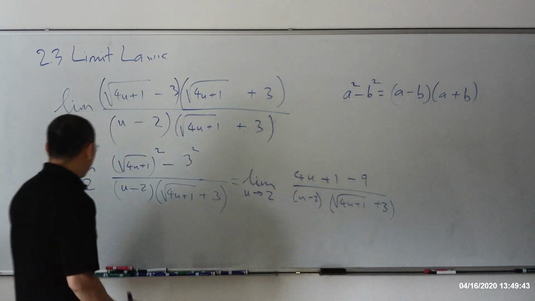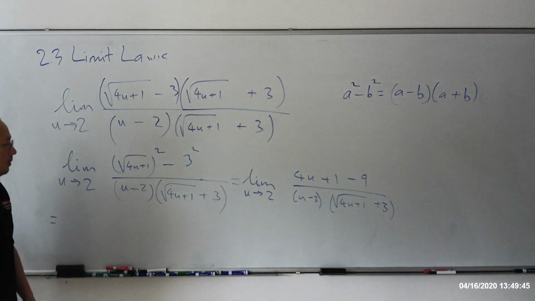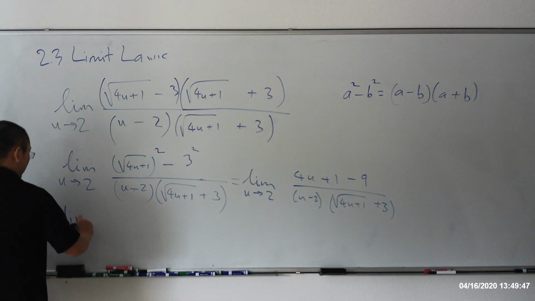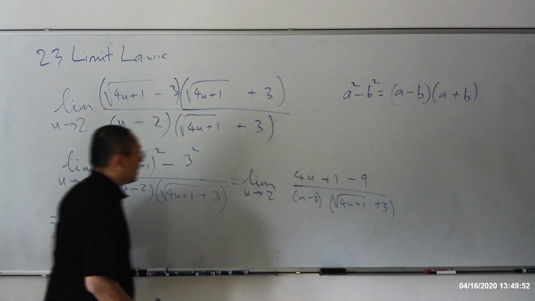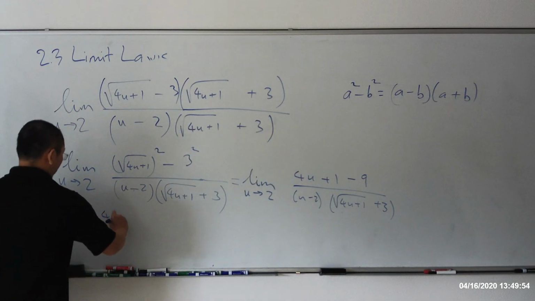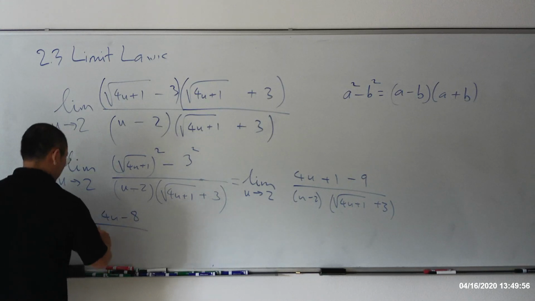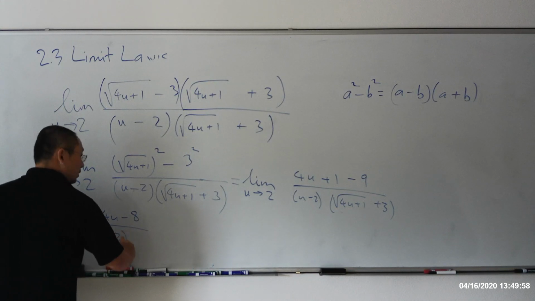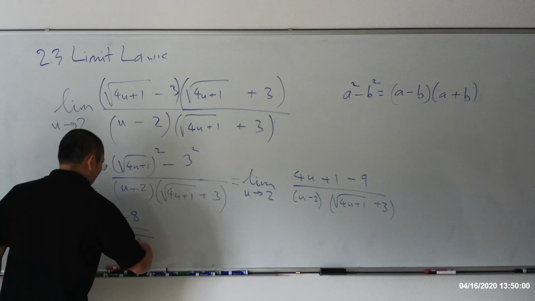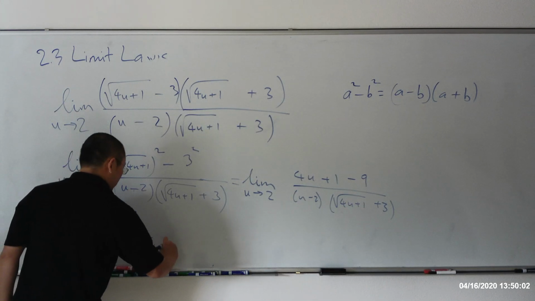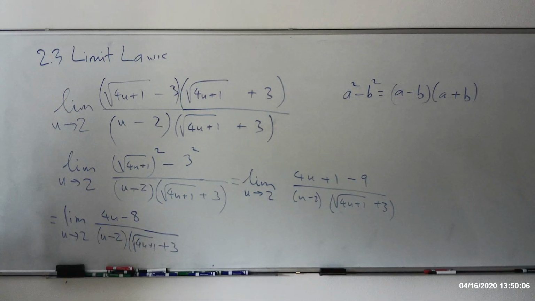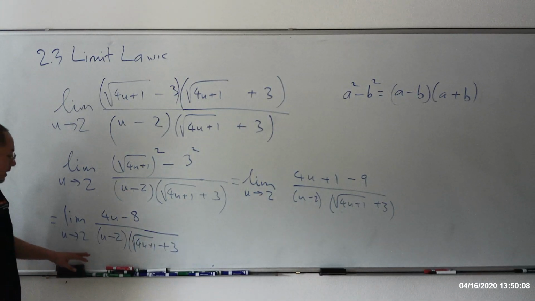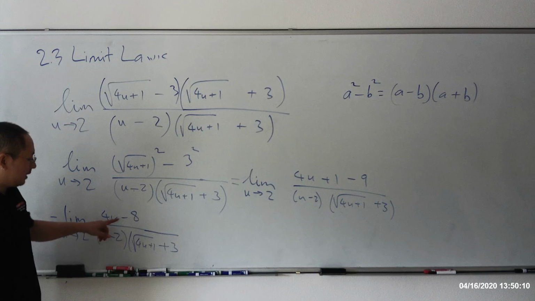Now simplify the fraction. On the numerator, again, I have to rewrite the limit. Plus 1 minus 9 is minus 8, so 4u minus 8 over u minus 2 times square root of 4u plus 1 plus 3. We haven't seen anything common to cancel out yet, but it's kind of hidden in there a little.